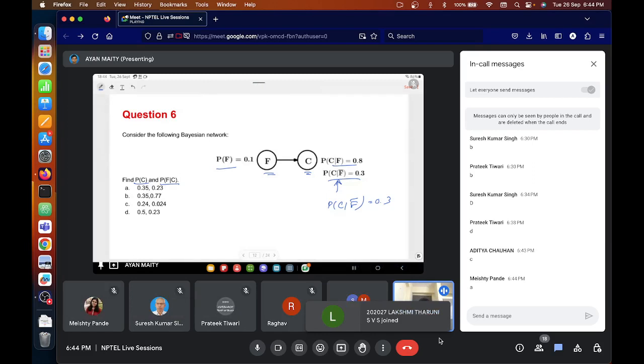Mishti Pandey is saying option A, which is 0.35 and 0.23. Anyone else?